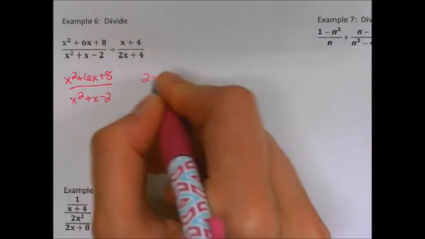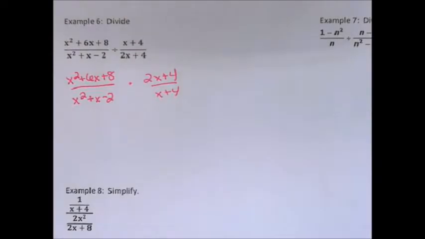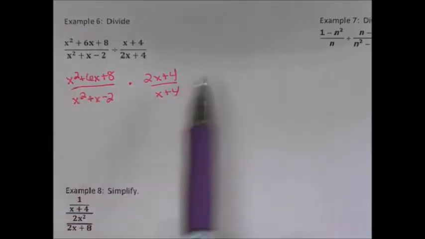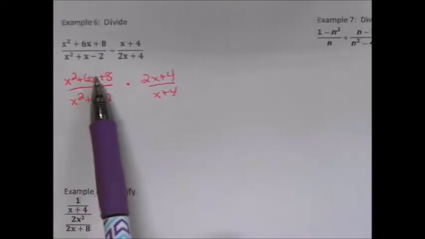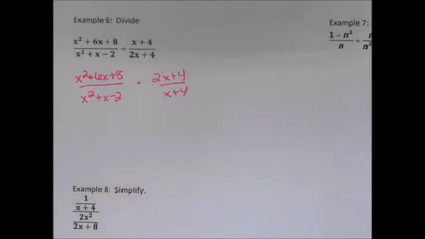Now I want you to factor the top and bottom. We can factor this trinomial, this one, and this one has a GCF. So go ahead and pause the video so that you can factor those.